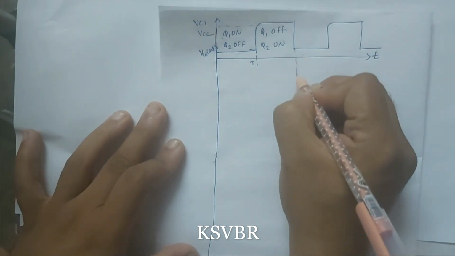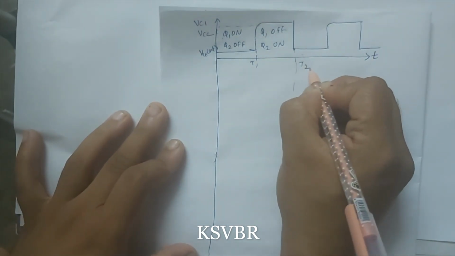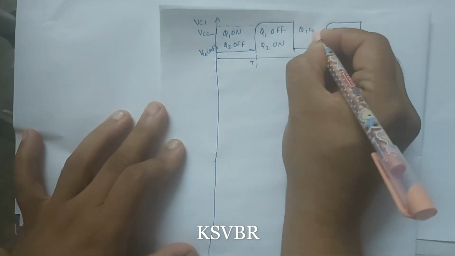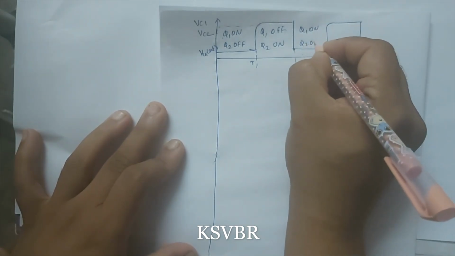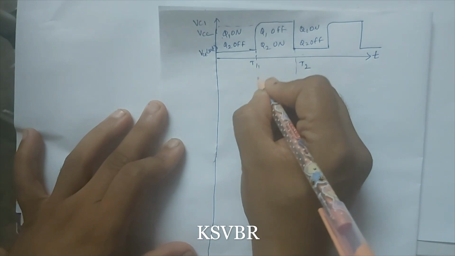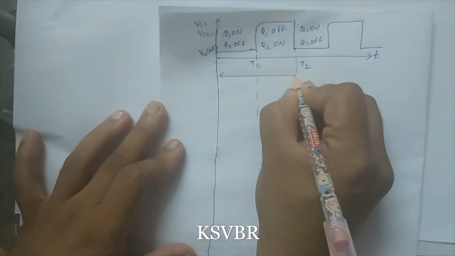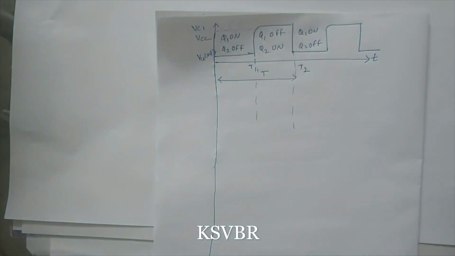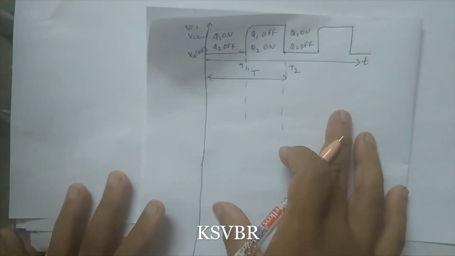This is T1, this is T2. Again the same continues, Q1 on and Q2 off. This is the total time T that we found out.